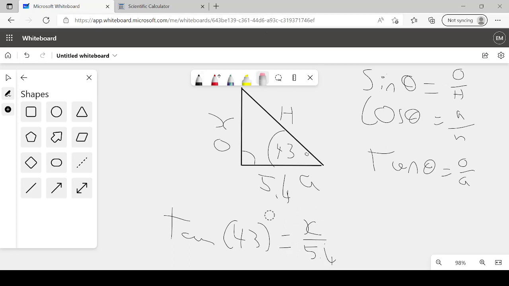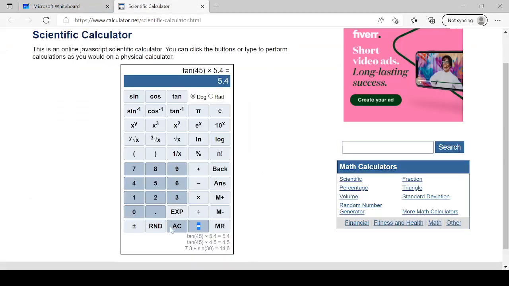So by multiplying both sides by 5.4 to get rid of this at the bottom, we will get that tan 43 multiplied by 5.4 equals x. So now if we go over and we put this into our calculator, we do tan 43 multiplied by 5.4 is equal to 5.035.